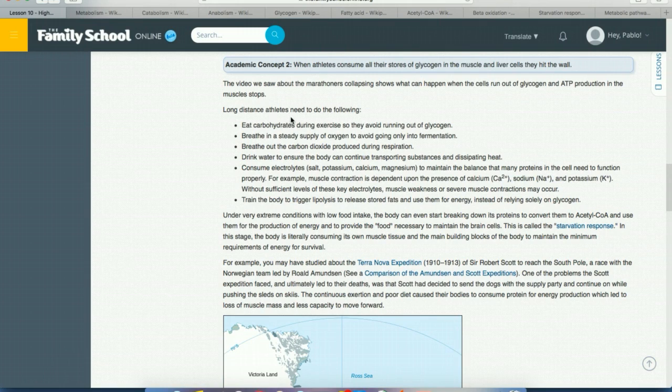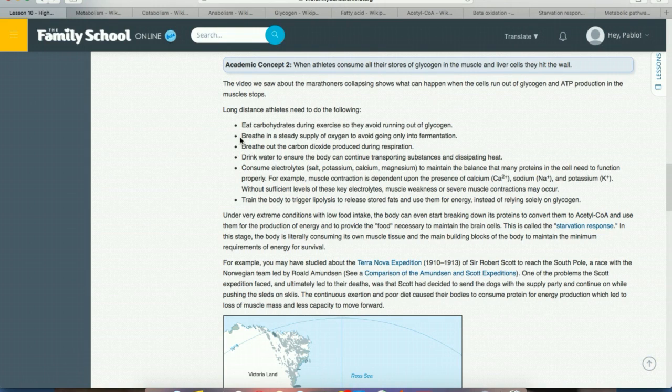Long distance athletes need to do the following: eat carbohydrates during exercise so they avoid running out of glycogen. When I run long distances, I need to eat about 100 to 150 calories an hour. Breathe a steady supply of oxygen to avoid going only into fermentation.